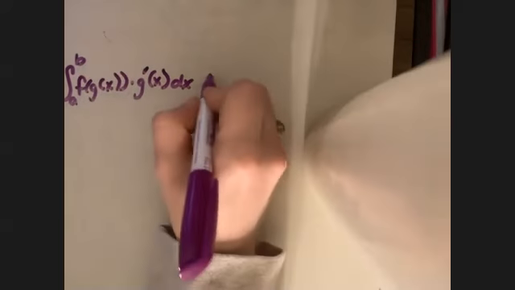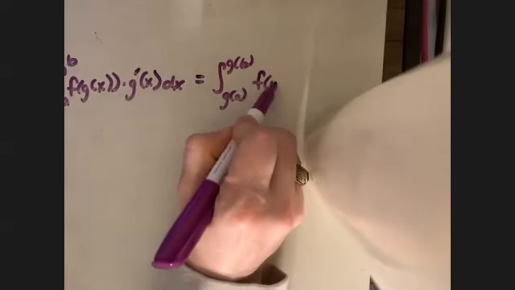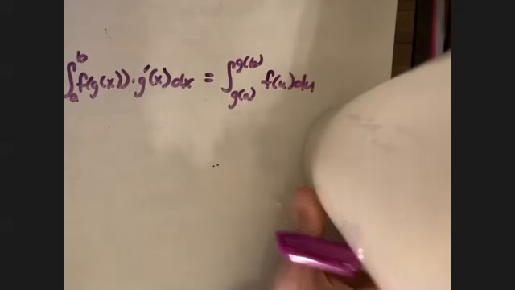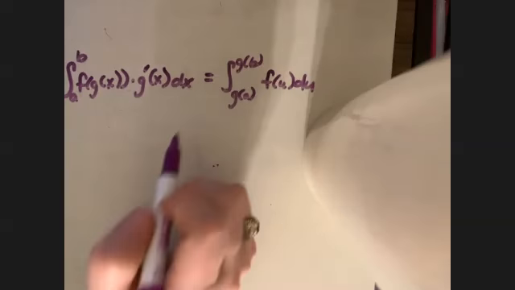Okay, so the idea here is, if we have the integral from A to B, basically what this is saying is if you're going to do this U substitution, you need to change the bounds of your integration.